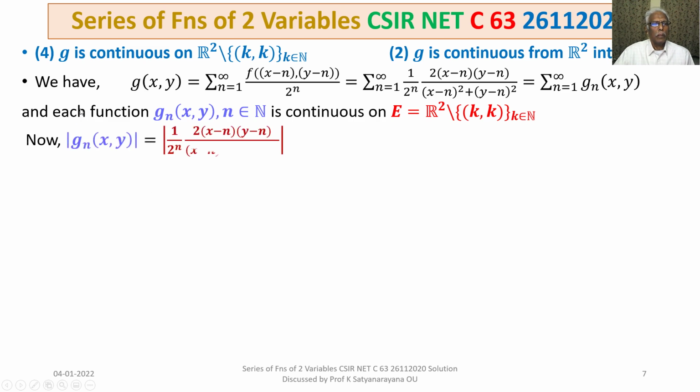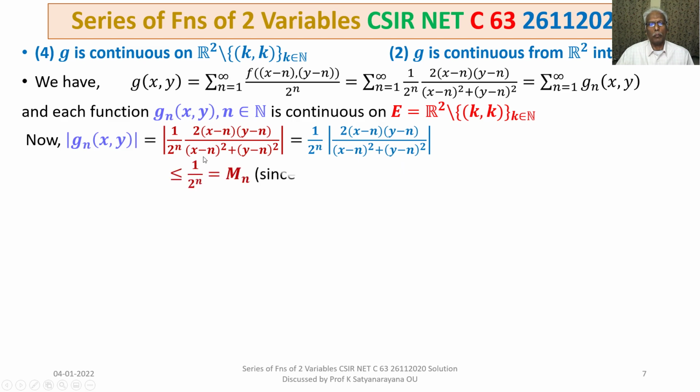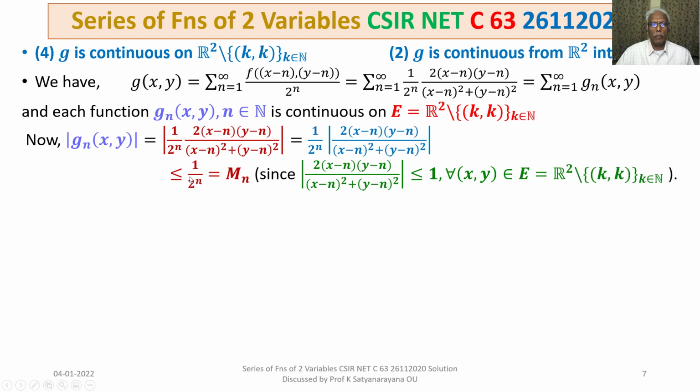Now take the modulus of g_n(x, y). You take out 1 by 2 power n, and you notice that the modulus of the remainder is less than or equal to 1, and thereby you get it is less than or equal to 1 by 2 power n, and call it M_n. And why is this less than or equal to 1 by 2 power n?